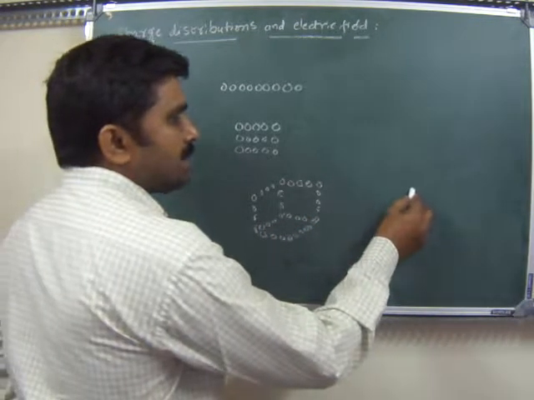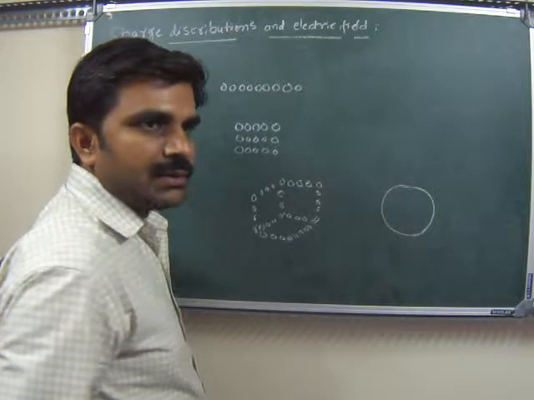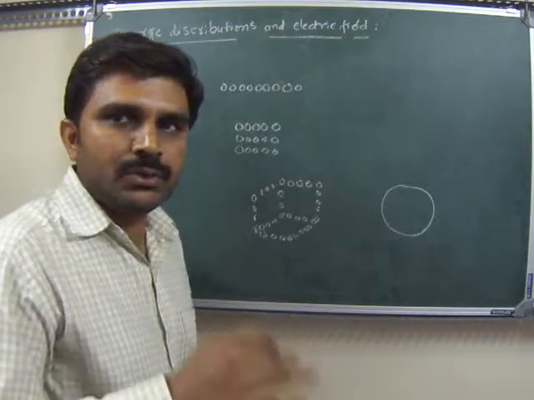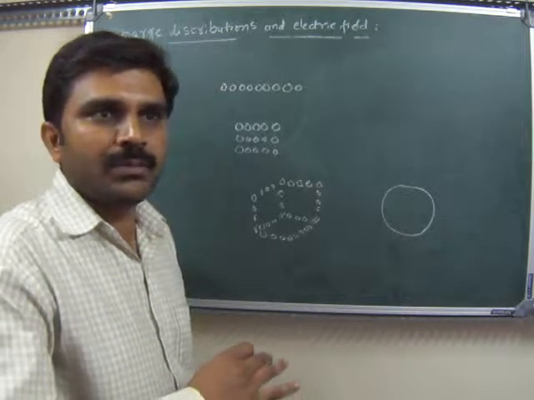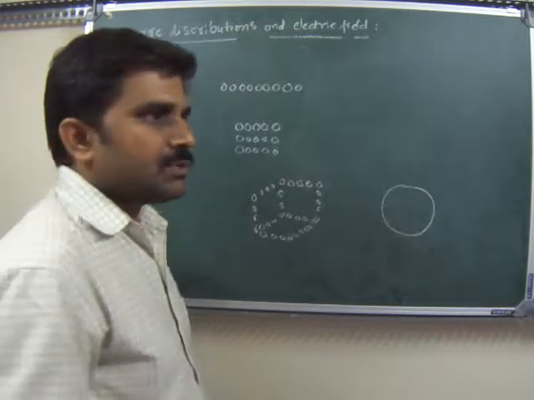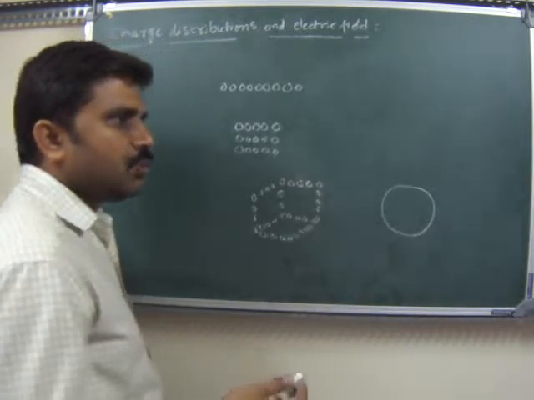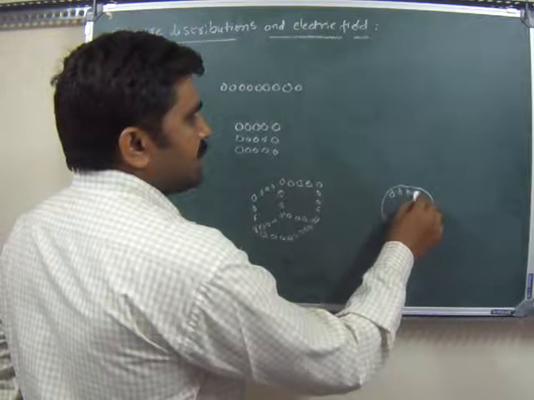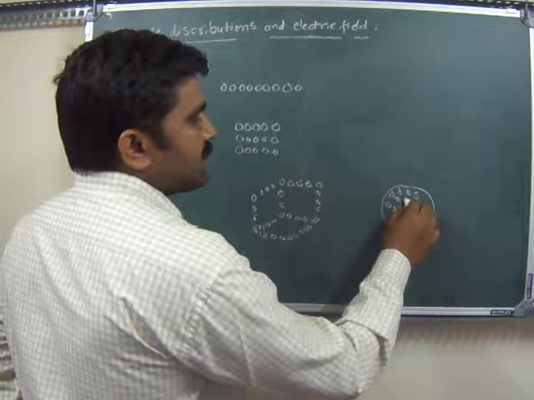For example, consider a spherical charged body like a nucleus. A nucleus has total positive charge which is distributed in a spherical way. So that is volumetric charge distributions or cubical charge distributions we call it as. So these are the regular shaped charge distributions.